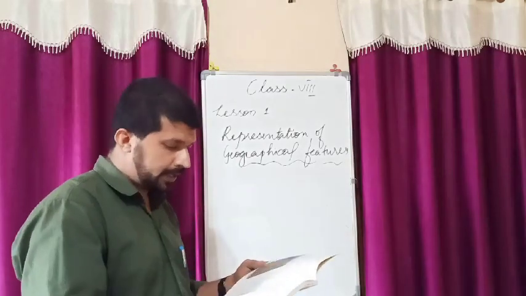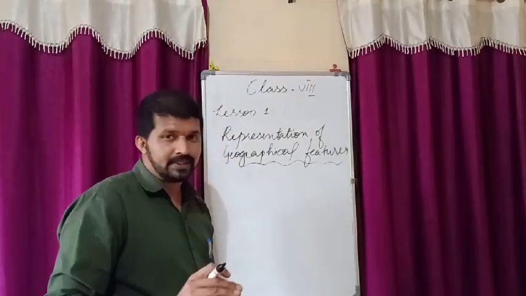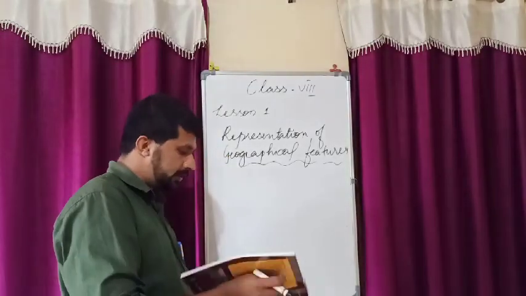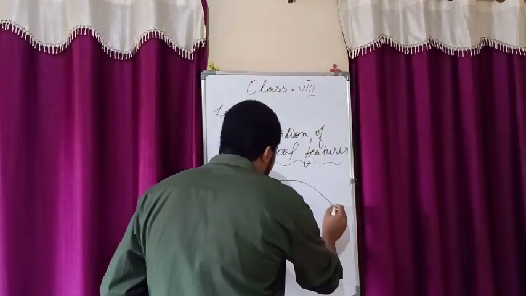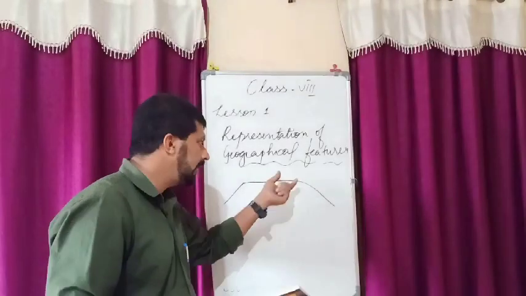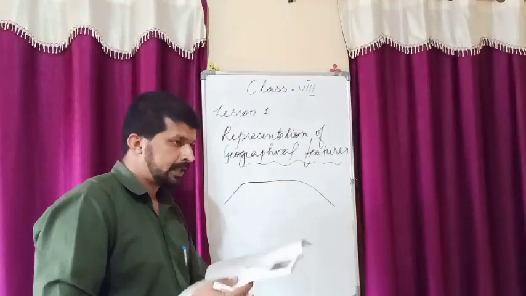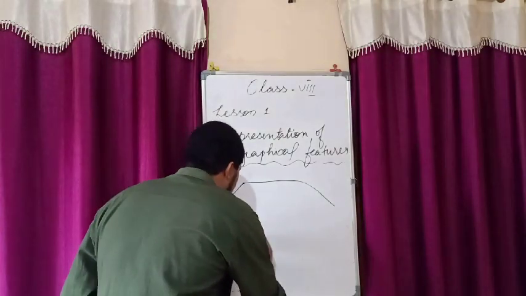What is a plateau? We know a plateau is a highly elevated landmass with a flat top. So how can a plateau be identified by using contouring? It may have either steep or gentle slopes on both sides and may have a flat top. So it also can be represented by contour lines.